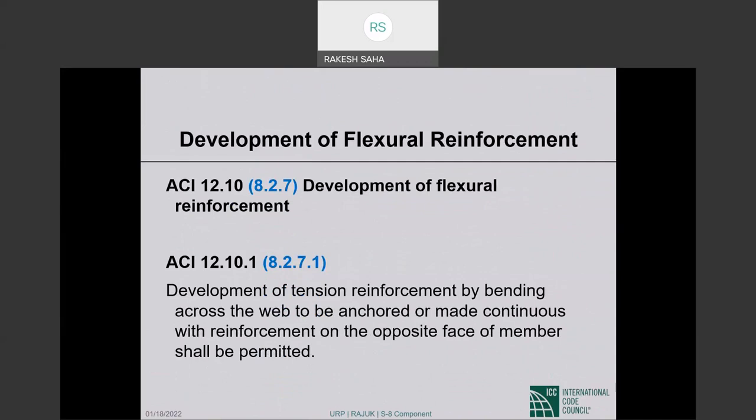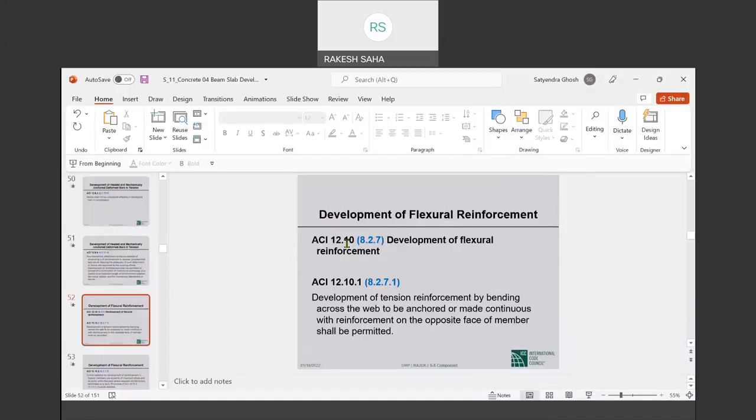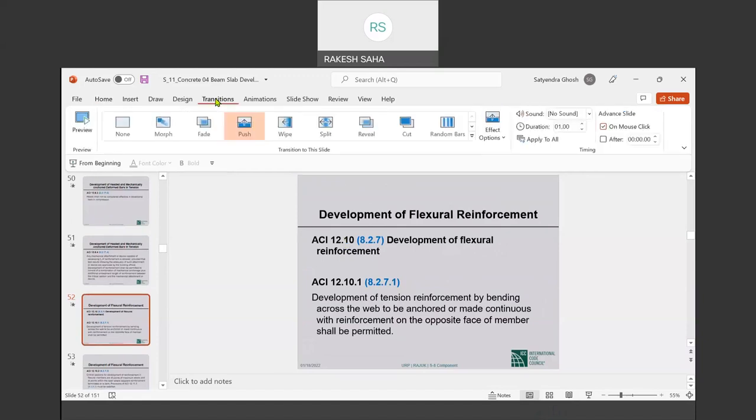Okay. Dr. Ghosh? Yeah. Do you want to disable the transition of slides on click? The mouse click. Oh, I see. Yeah, that would be good. Can you press escape from your keyboard? Okay. Yeah, go to transitions from the top. Yeah. And advanced slide, do you see at the right? Advanced slide.